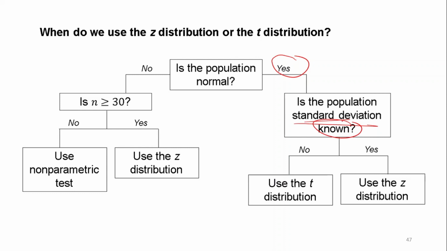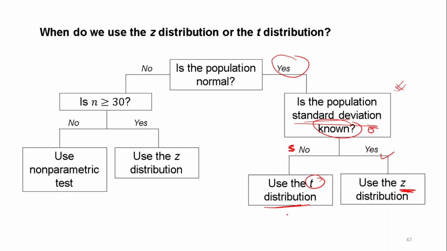If your standard deviation is known, you need to use the Z distribution. But if your standard deviation is unknown, so you use S, you need to use the T distribution. You need to differentiate between these two cases. This part is very important.